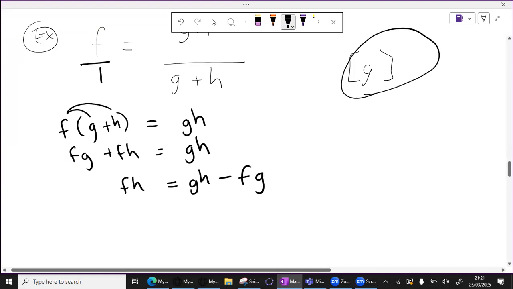It doesn't really matter. It's the same, but wherever we can avoid negatives, we will do that. So I'm going to factorize out the G, and I'm left with H minus F. And then to get G on its own, that was multiplying, so now it's going to divide.